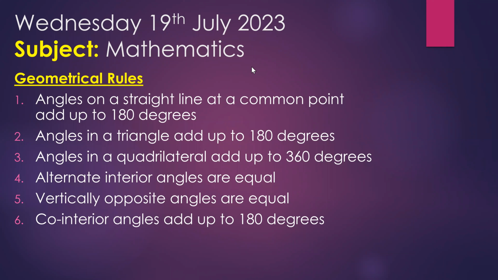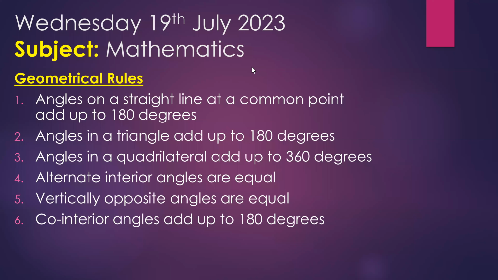Alternate interior angles are equal. Vertically opposite angles are equal. Co-interior angles add up to 180 degrees. Very good. All right, and one more person.